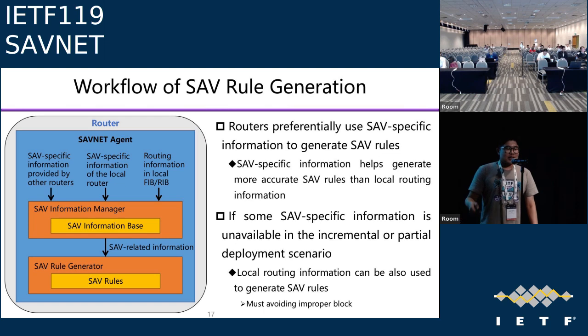We clarify that routers should preferentially use SAV-specific information to generate SAV rules because it helps generate more accurate rules to avoid improper block and reduce improper permit. If some SAV-specific information is unavailable in an incremental or partial deployment scenario in an intra-domain network, then local routing information can be used to generate SAV rules. But in this case, we must avoid improper block. For example, we can use some looser rules.